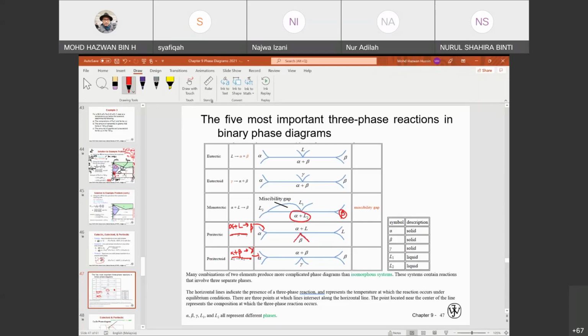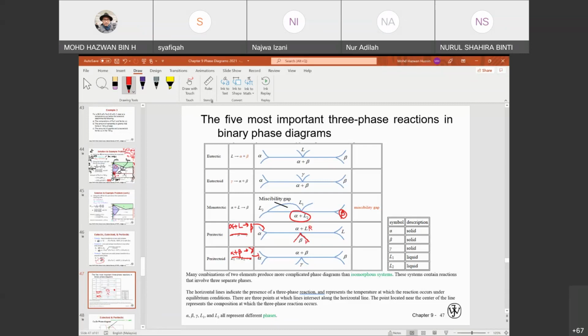Okay, peritectic, as I said, still a horizontal line, but in this case the phase boundaries are located at the bottom. Of course, what you are going to see is that this will be the reactant and this will be the product. So the reaction that you will see is alpha plus liquid forms beta. Almost similar to monotectic. It's just that for monotectic you have this miscible gap.